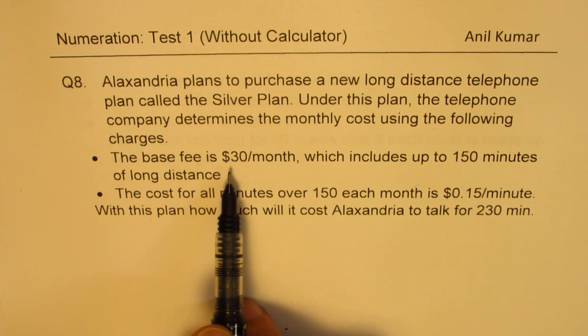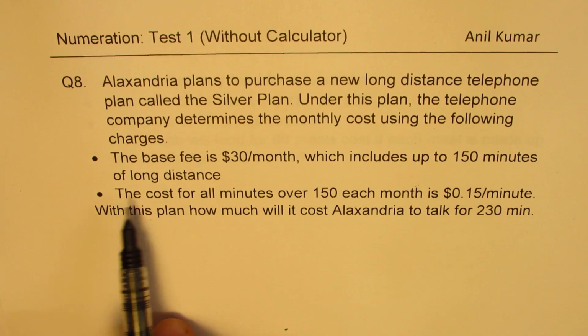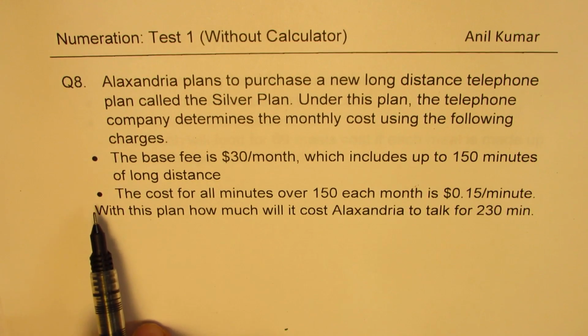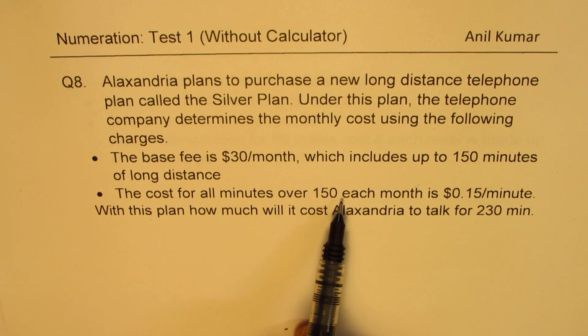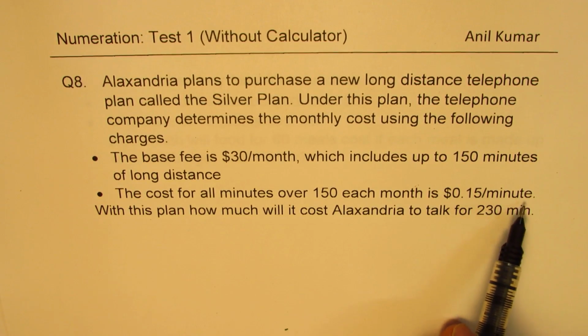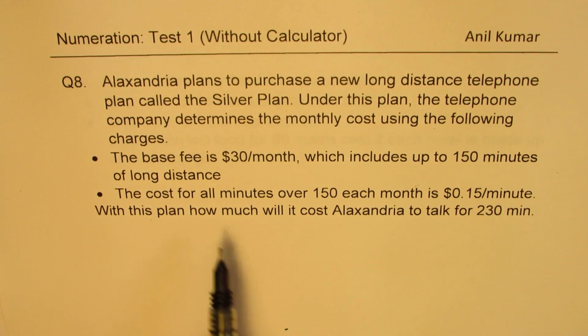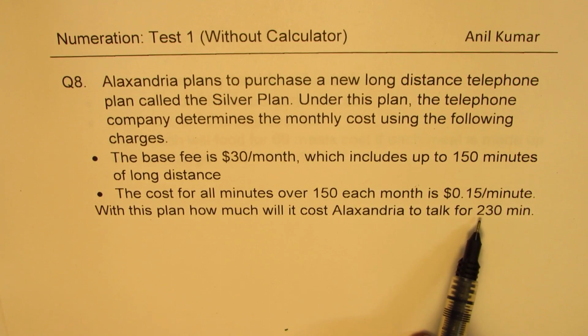The base fee is $30 per month, which includes up to 150 minutes of long distance. The cost for all minutes over 150 each month is 15 cents per minute. With this plan, how much will it cost Alexandria to talk for 230 minutes, right?